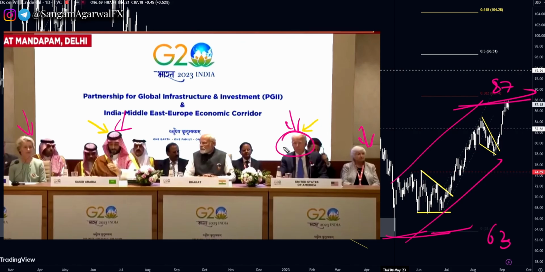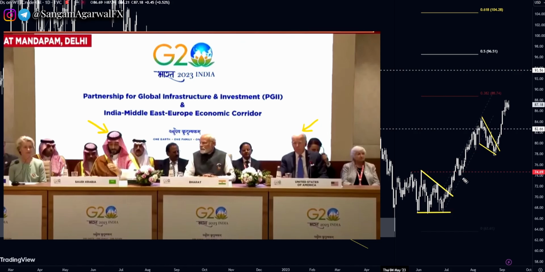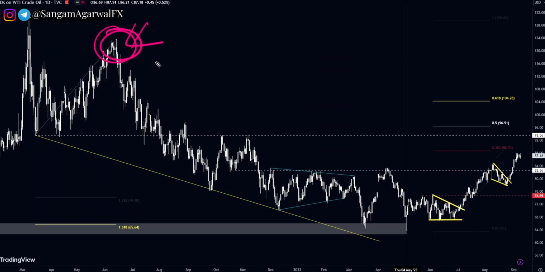So until Biden says to refill that SPR, oil will stay up, and OPEC will not allow Biden to make profit on that oil trade. And there is a rumor right now that after this G20 meeting, they will sell oil again, same like this, and oil price will go down.